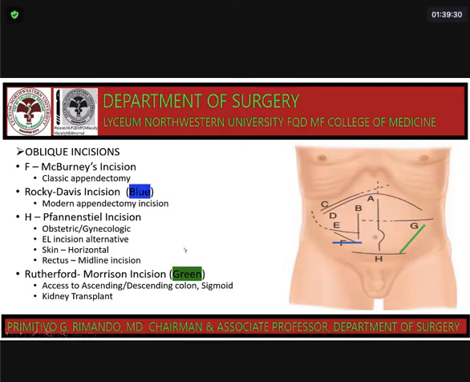And then we have what we call your Rutherford Morrison incision. This is your Rutherford Morrison incision, oblique.